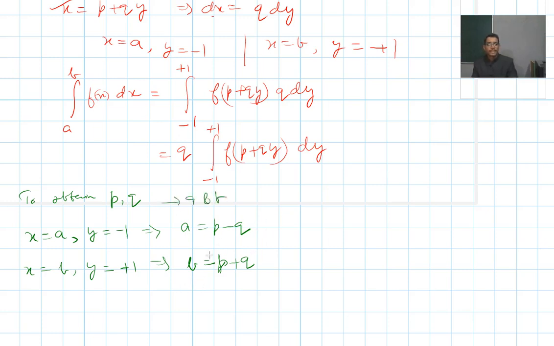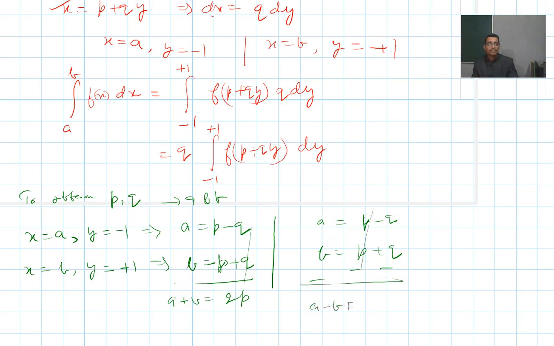So for that, let us add these two. It is a plus b is equal to 2p, as the q terms cancel out. Similarly, if we take the difference of a is equal to p minus q and b is equal to p plus q, then p cancels out, and it is a minus b is equal to -2q, which implies q is equal to (b minus a) by 2, and from here we can write that p is equal to (a plus b) by 2.